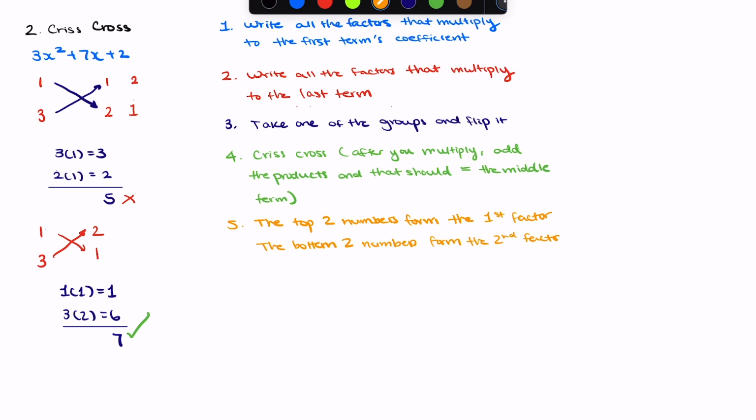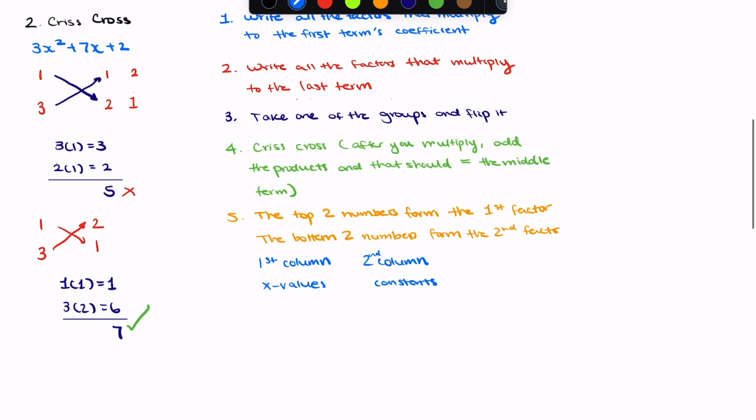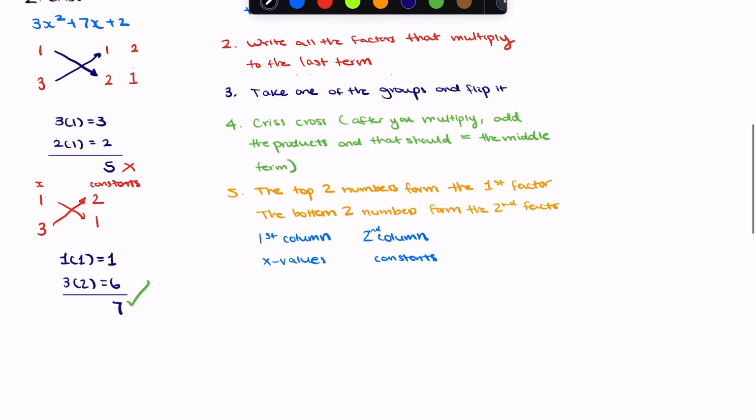And here we see that the first column is the x values, and the second column is the constant. Okay, so if we do that here, we see this would be our x value, this would be our constants. So if we write this out, we now see that our expression would be x plus 2. Our second factor would be 3x plus 1.